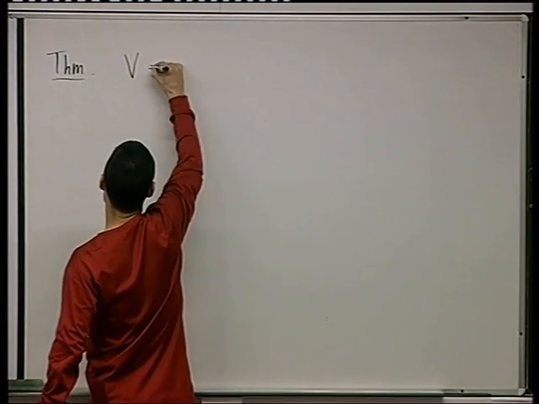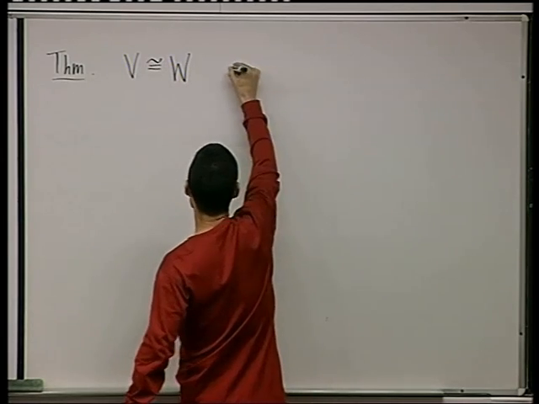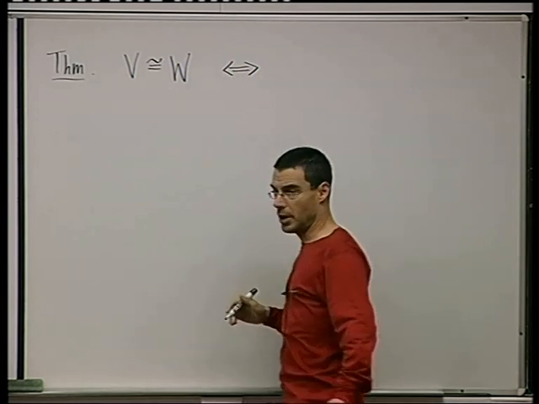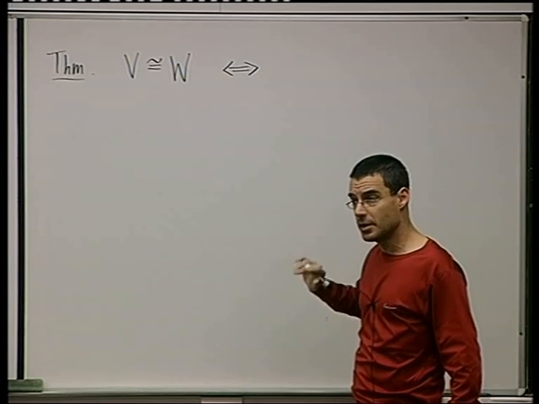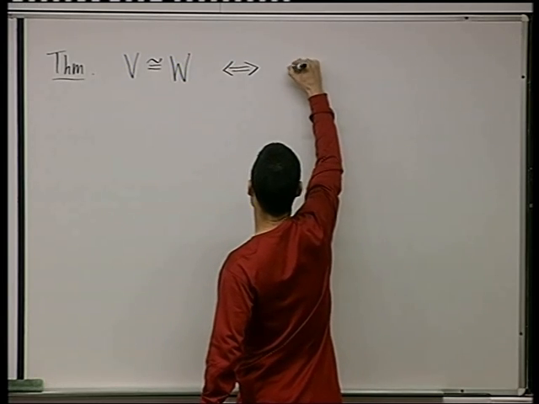V is isomorphic to W if and only if, I'm assuming both are vector spaces over the same field of scalars. That's a standing assumption. If and only if they have the same dimension.